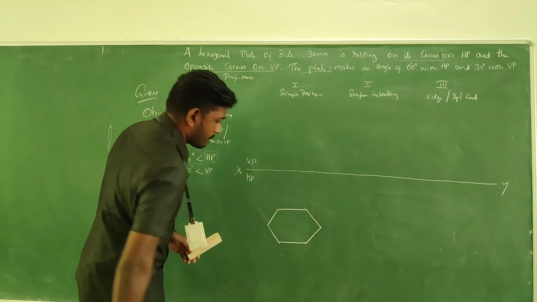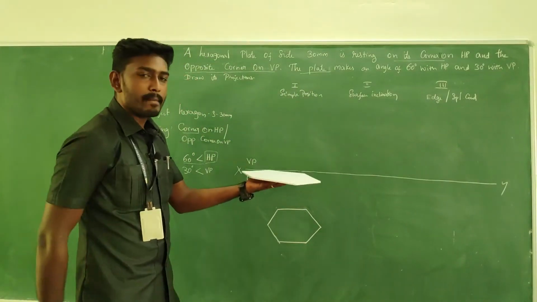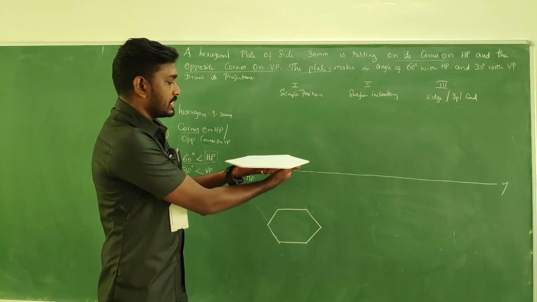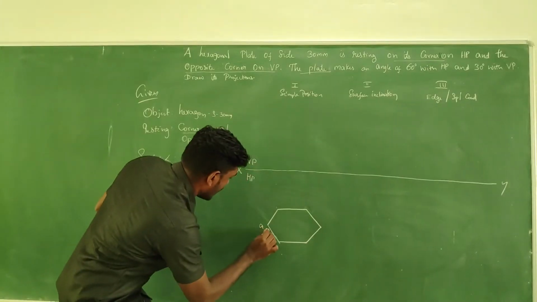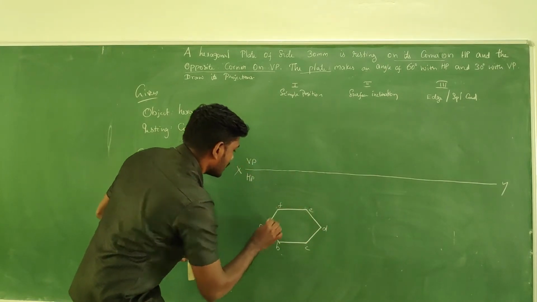Okay, fine. So give the namings here. I'm going to take this as A, this is B, this is C, this is D, this is E, and this is F.